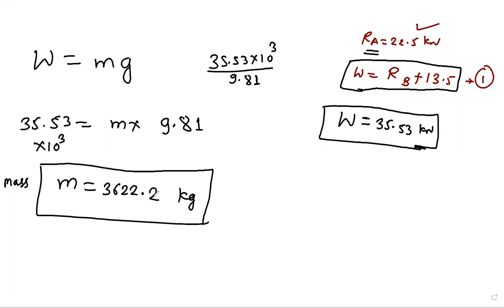Is it correct? Yes, sir. Okay, that is the mass of the bar, 3622.2 kg. Is it over? Yes, sir. Okay.